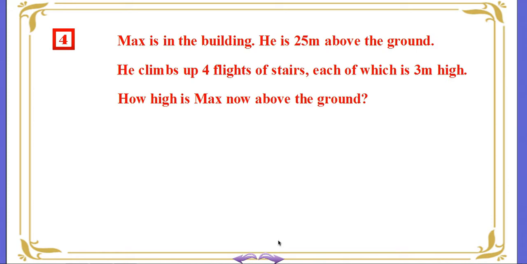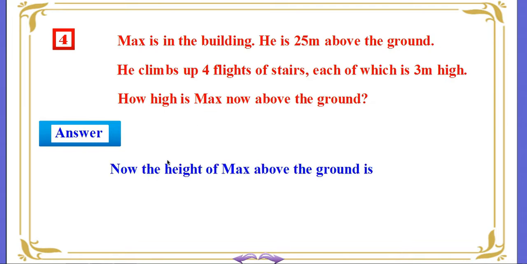We calculate the height of 4 floors and add the initial height of Max above the ground to get the result of the problem. Now the height of Max above the ground is 25 plus 4 times 3 equals 37 meters.